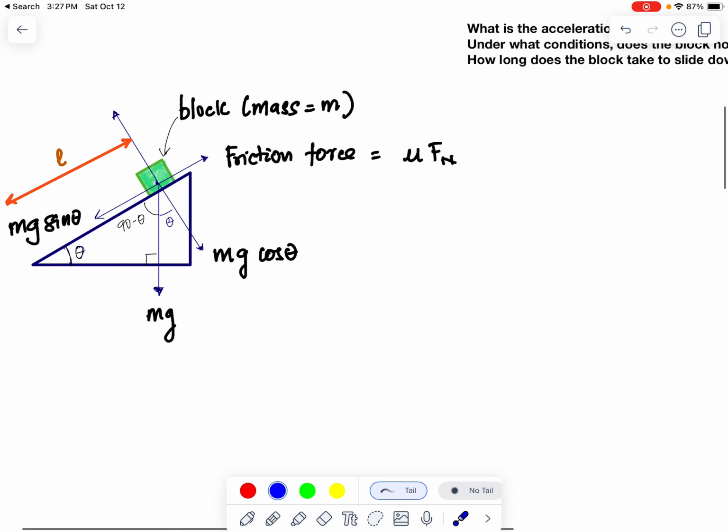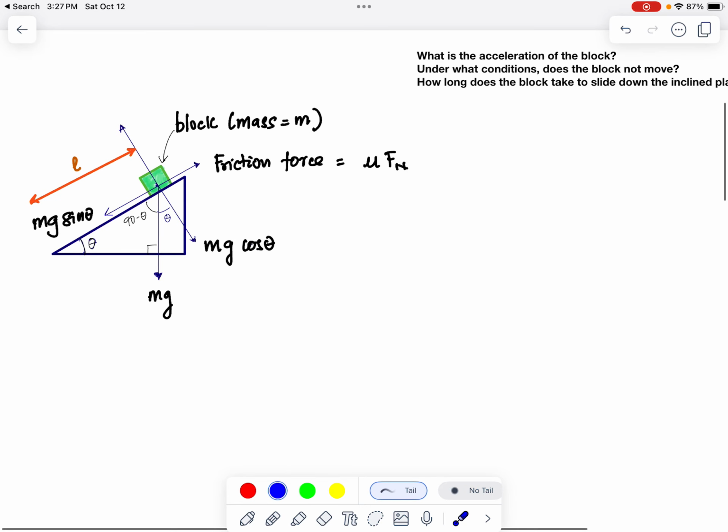So now we take this weight and resolve it in a direction that's normal to the inclined plane. When we do that, this component comes out to be mg cosine theta. Now, obviously we know that this angle is 90 minus theta. Therefore, the component of the weight that acts parallel to the inclined plane is mg times cosine of 90 minus theta. It's mg sine theta.